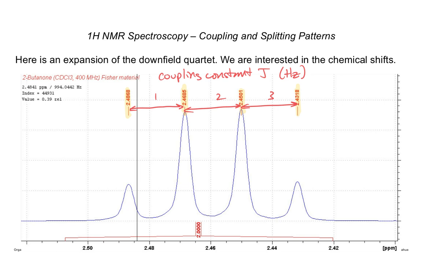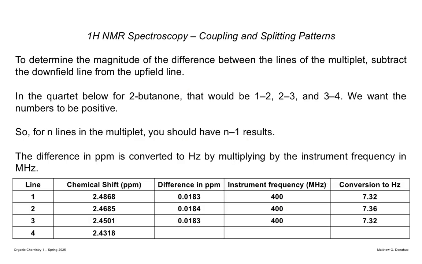So 2.4868 minus 2.4685, and then we do that for the other two distances. In the table, I'm showing the 4 lines, and for each line is the chemical shift, reported in parts per million.